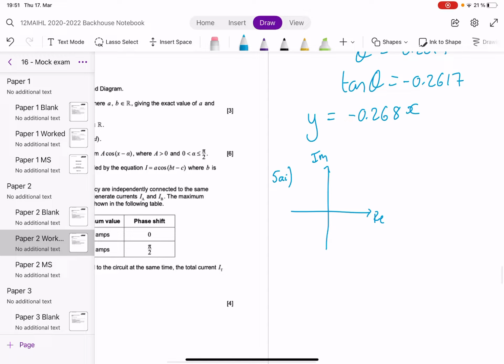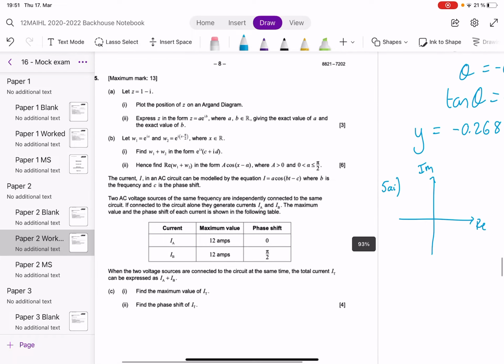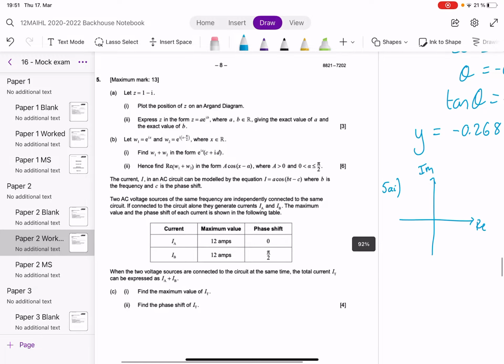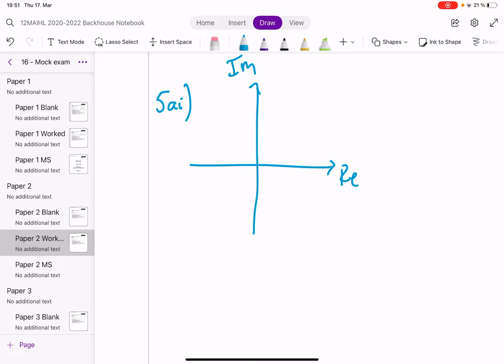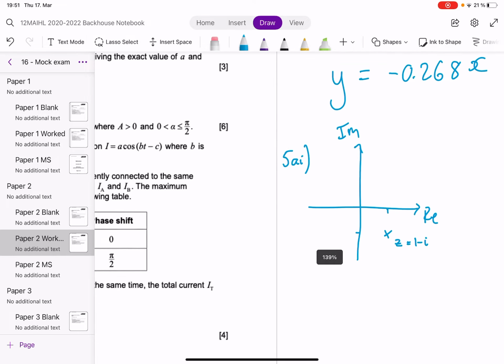Normally we'd think of it as an x-axis, and the imaginary one, the y-axis. Our complex number is 1 minus i. So 1 is the real part, negative i is the imaginary part. So I'm going to imagine going along 1 and then down 1. So this is Z, and that was 1 minus i.